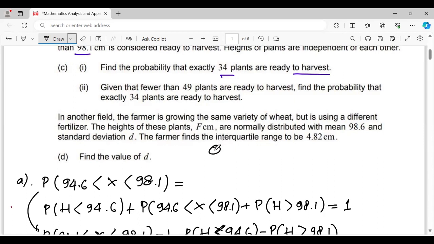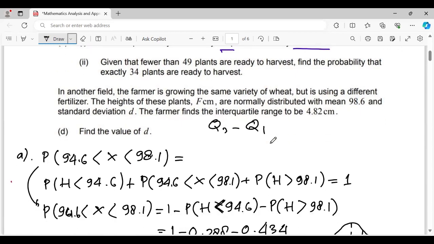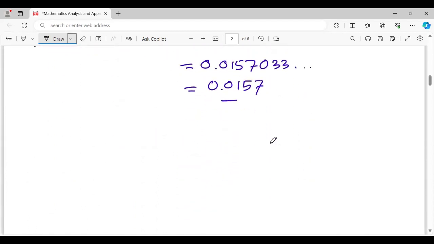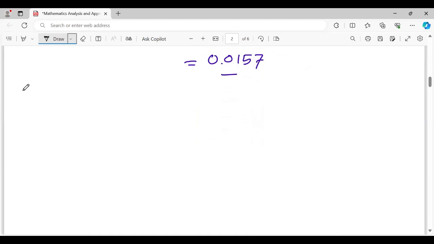Interquartile range means Q3 minus Q1. For D, mu or Q2 is 98.6.